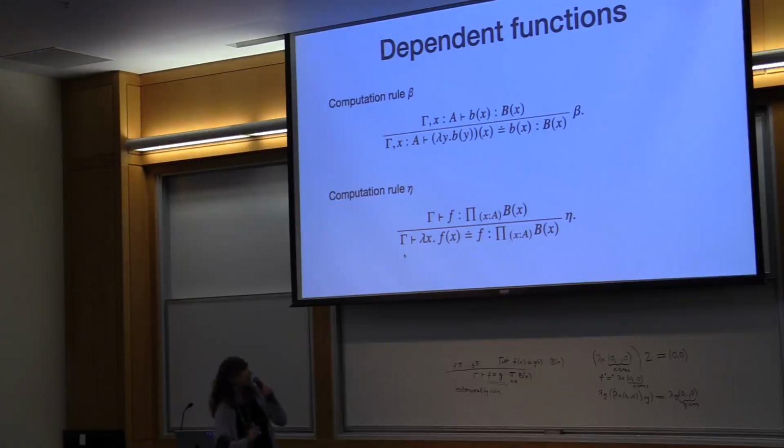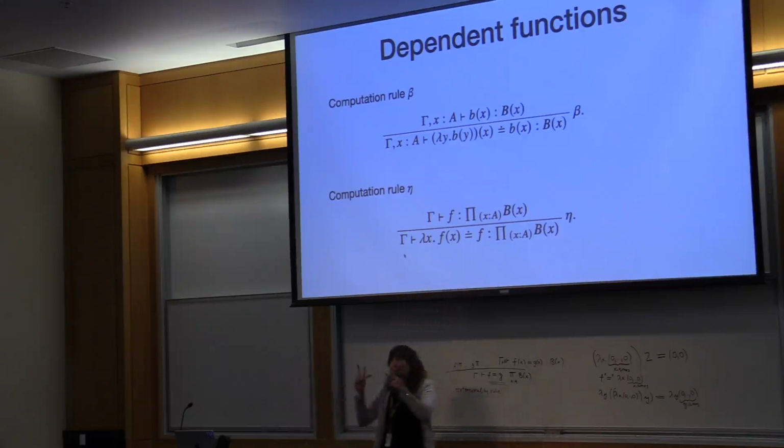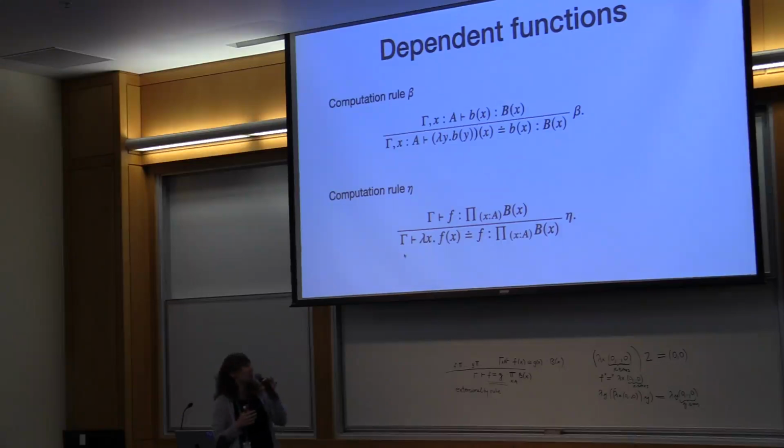Well, yes, because if I'm going from here to here, I'm eta expanding the term, and if I'm going from here to here, I'm eta reducing the term, but actually it's the same equation, right? I wasn't really talking up to this point very much about how the equations are oriented, because for us they're symmetric, right? So for the derivations themselves, it doesn't matter.